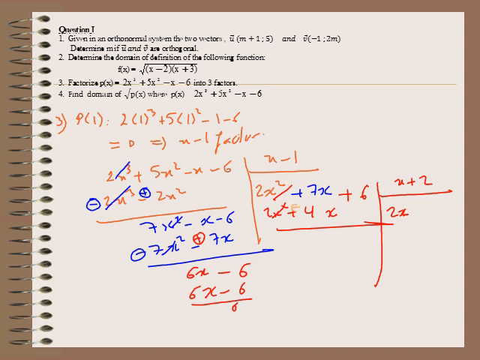Subtract here: 7 minus 4, 3x, plus 6. 3x plus 6, so the remainder is 0. And we can write that p of x equals (x minus 1)(x plus 2)(2x plus 3).